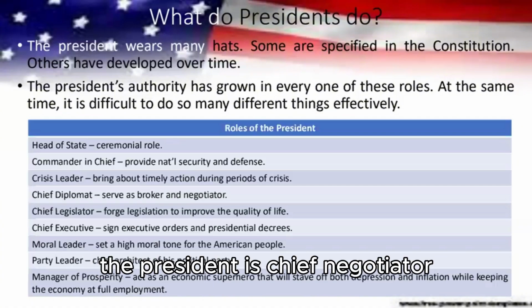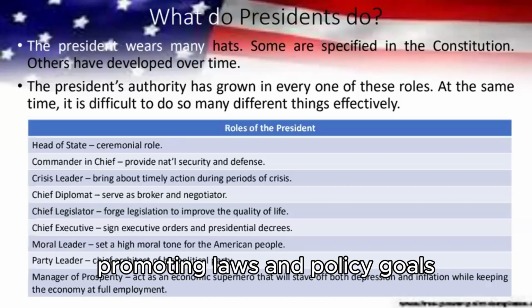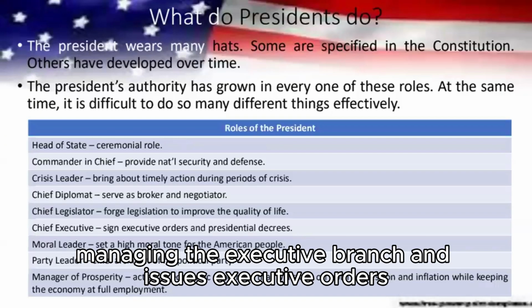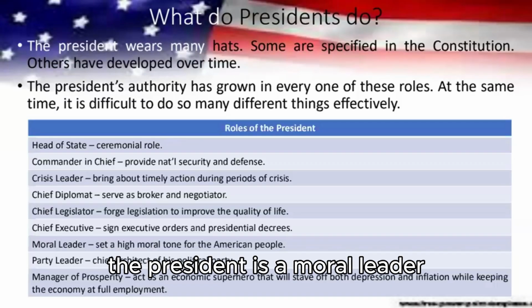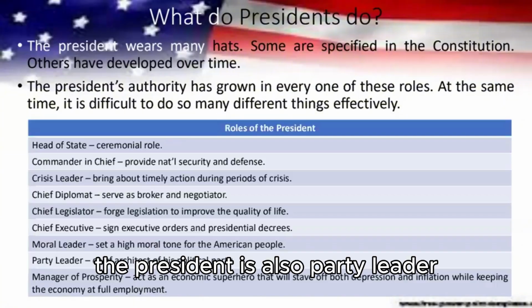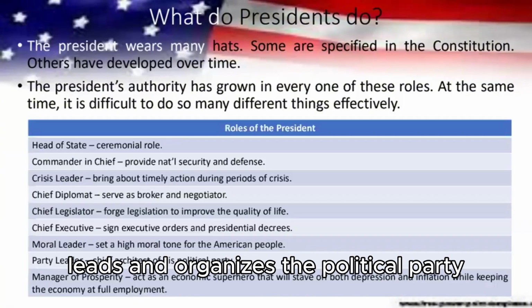The president is chief negotiator, promoting laws and policy goals. The president is a chief executive, managing the executive branch and issues executive orders. The president is a moral leader, representing national values and ethical leadership. The president is also party leader, leads and organizes the political party.